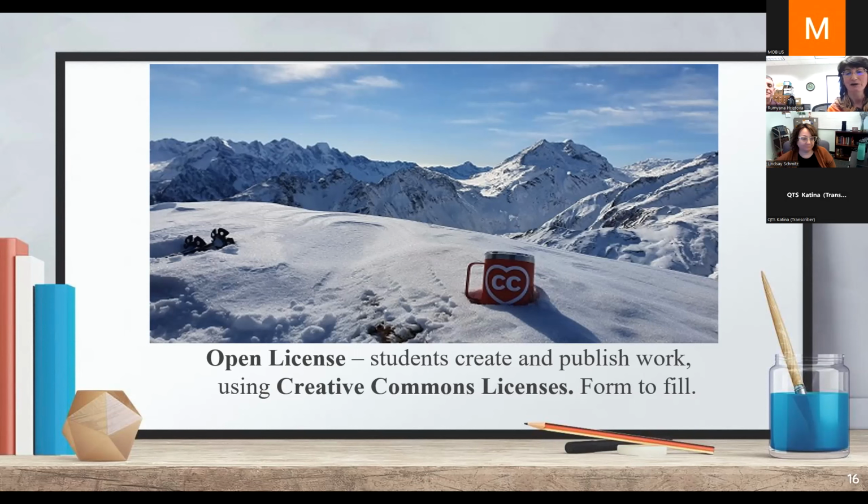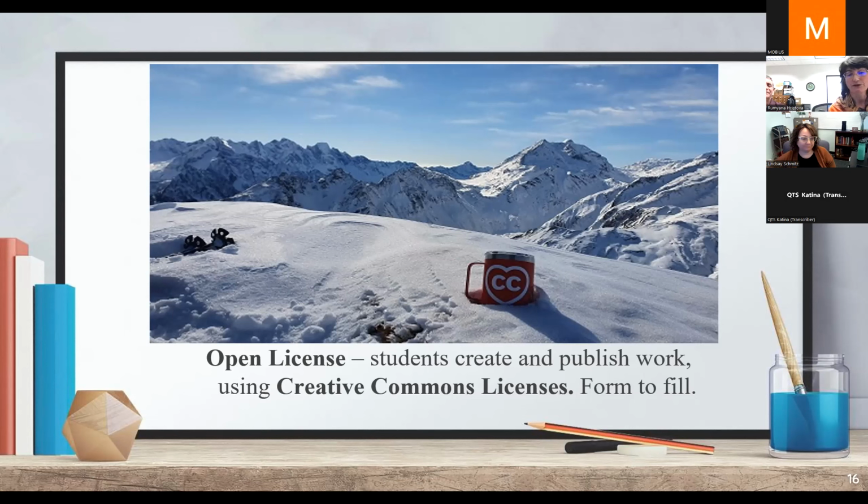Usually they've never heard about it, so it's the first time they're introduced, and some of them may be hesitant when you tell them that they can publish their work in the open on the internet, available for a wider audience. Some of them are reluctant, but it's entirely voluntary.